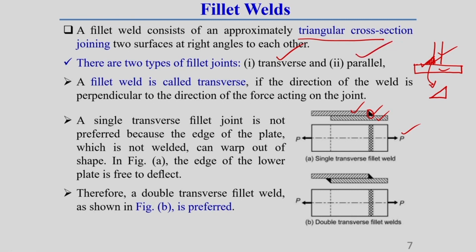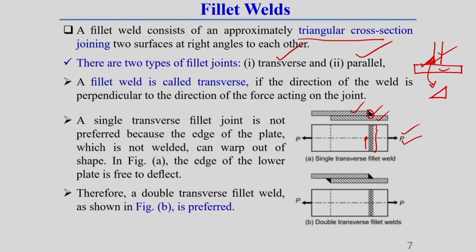Now, what is a transverse fillet joint? Transverse fillet joint means here, this is the weld direction, you can say, along this direction welding is done. And this force is acting perpendicular to this weld direction, here you can see. That means the loading direction is perpendicular to the weld direction, that means transverse direction.